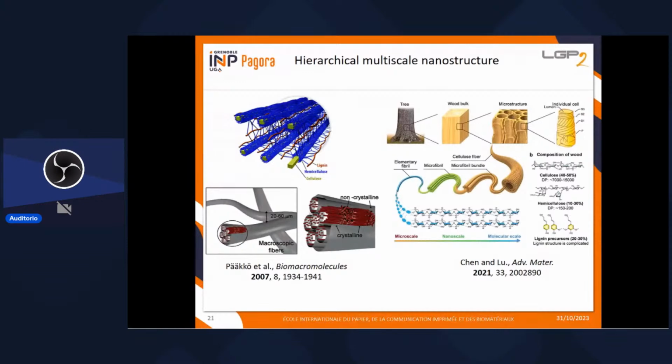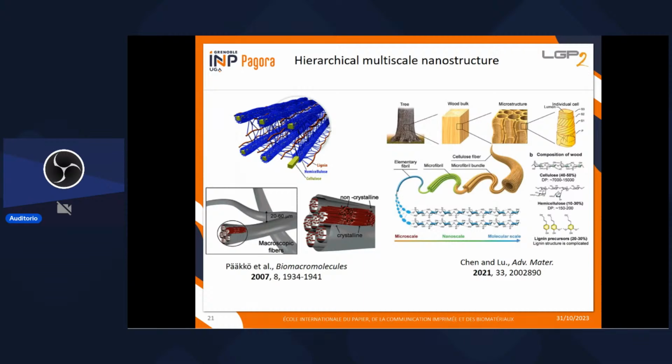It's possible to extract cellulose from this composite, from these natural fibers, by different treatments. And the resulting materials, the cellulosic fibers, consist of aligned and strongly linked cellulose nanofibrils or microfibrils that consist of alternating crystalline and non-crystalline materials.